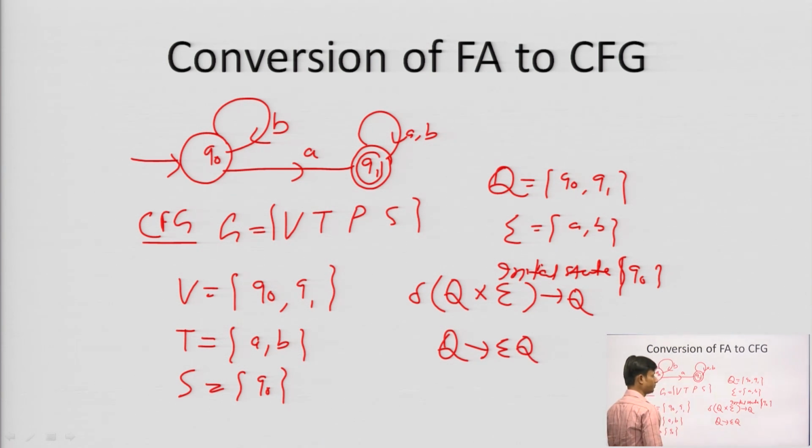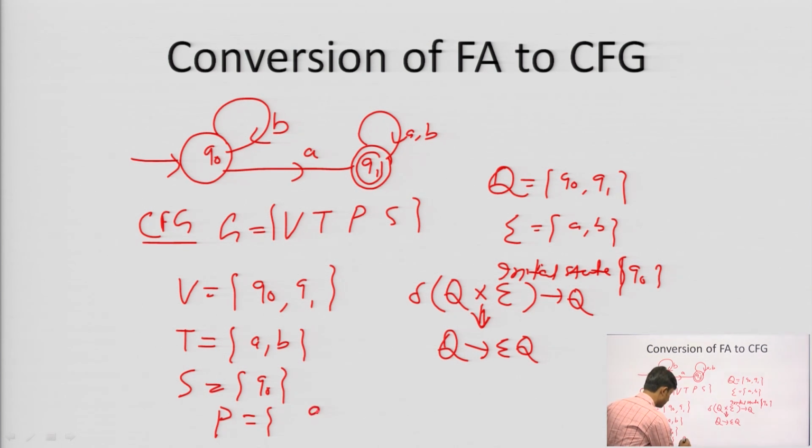This is the transition function and this is the production rule: transition function to production. So now we have to convert this transition function to production. What will the productions be here? First you check Q0: there is an input B going to Q0.